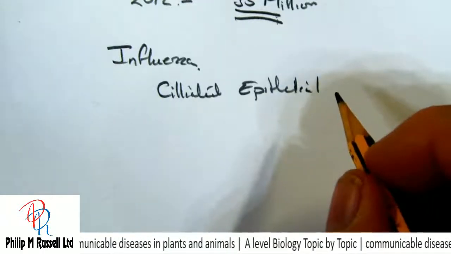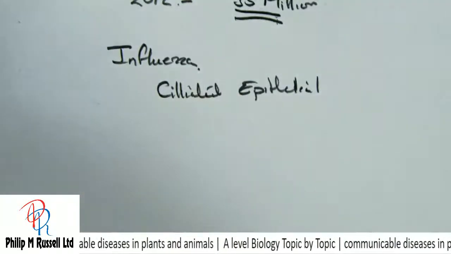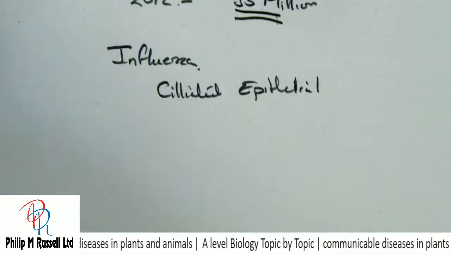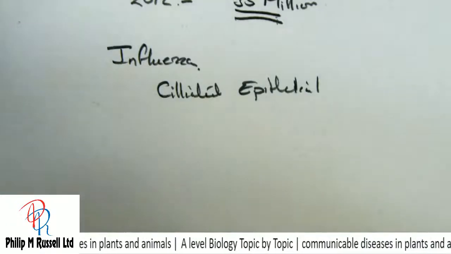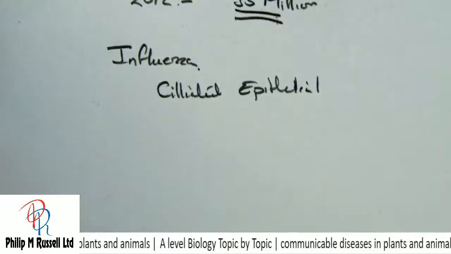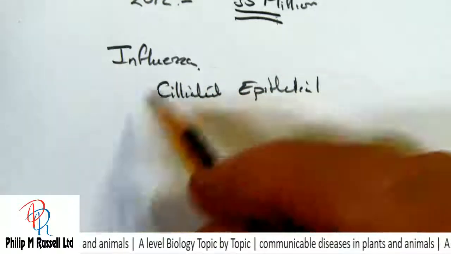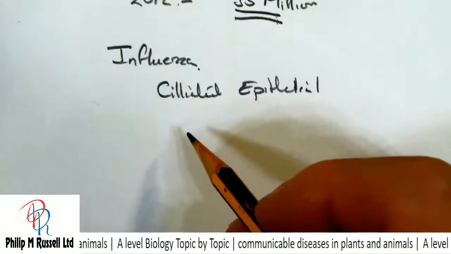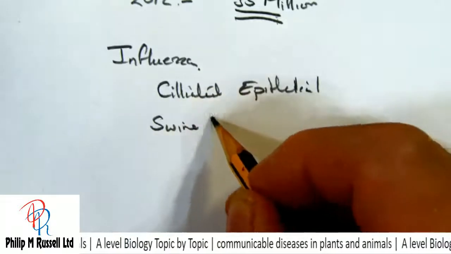Now, this means that it kills these cells, airways are open to secondary infection, and flu is fatal to young children, old people, and people with diseases. Other people are just sort of ill. Now, we see a lot of interesting strains of these, and we see particular ones like swine flu.